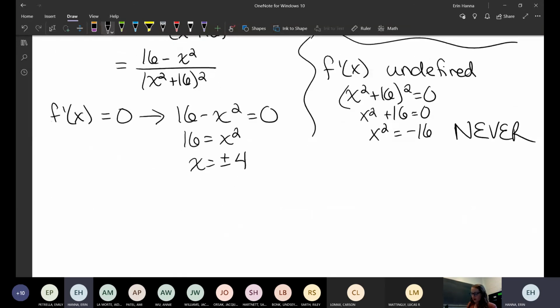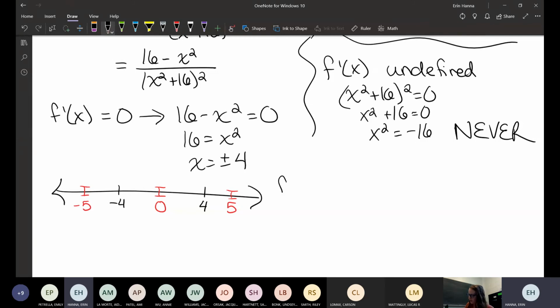So then we need to figure out whether they're maxes or mins. So that's when we plot them here, and this is where we seem to be missing some things possibly on me. So we need to choose some test points. I'll slow down a little bit. So let me pick 0, I don't know, 5, and negative 5. So we need to plug them into the derivative. So that's this 16 minus x squared over x squared plus 16.